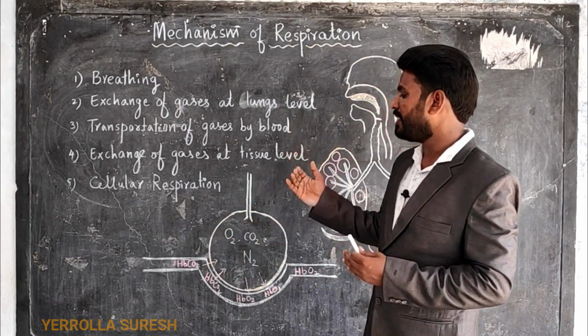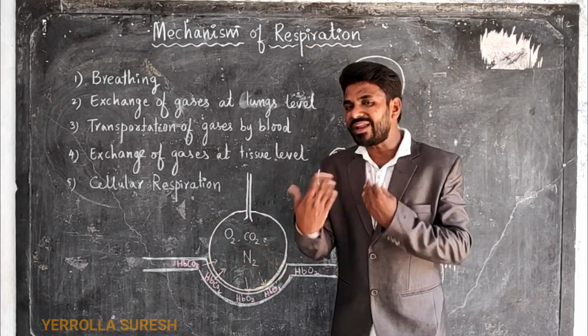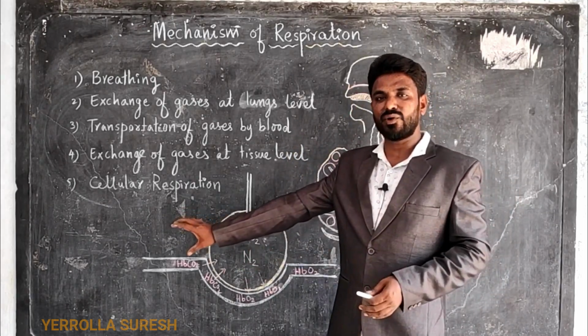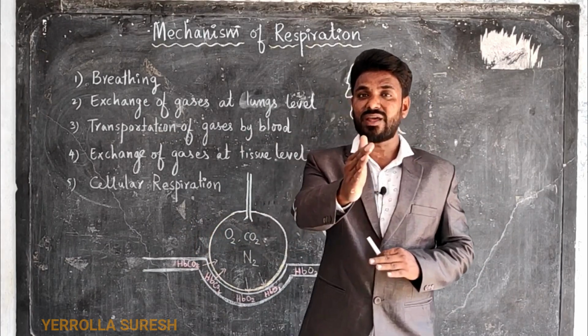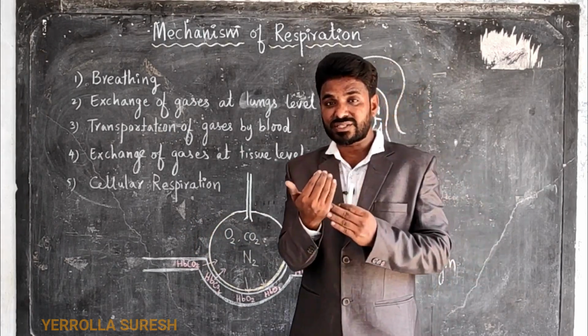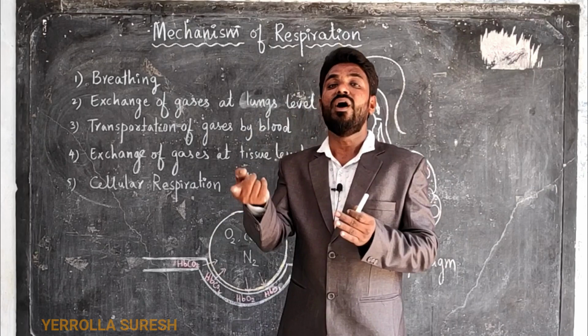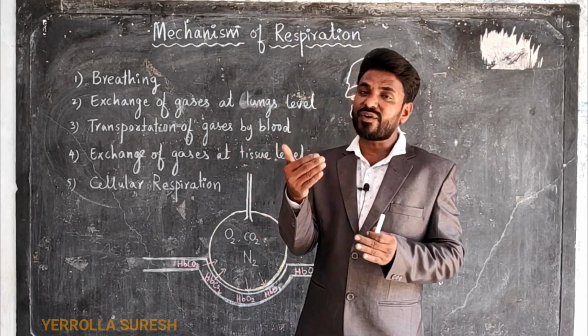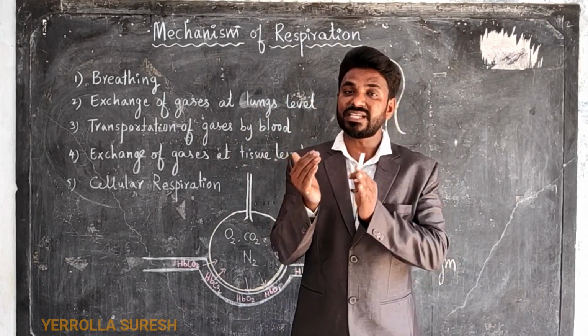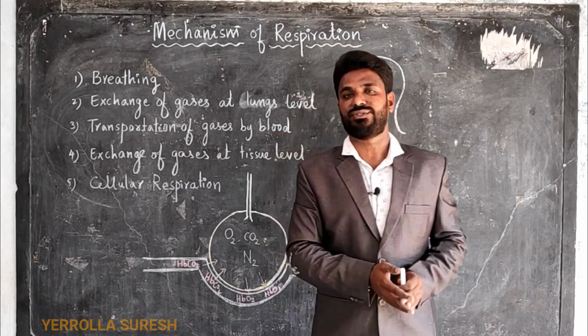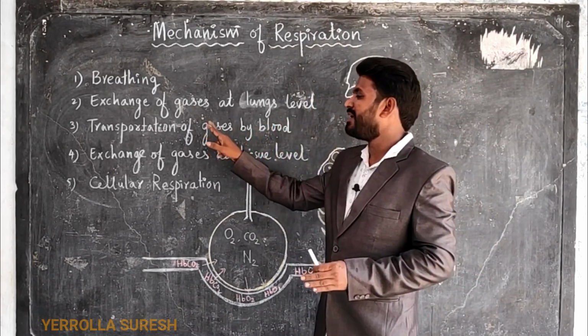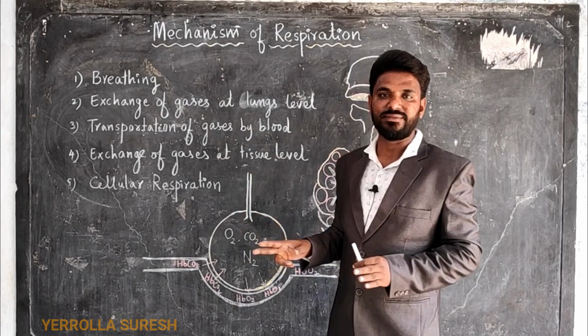And third step, after exchange of gases, what happens? Here carboxyhemoglobin releases carbon dioxide into the alveolus, again receives oxygen and again gets converted into oxyhemoglobin. And after formation of oxyhemoglobin, where does it move? Where does it transport? The answer is the third step, transportation of gases by blood.